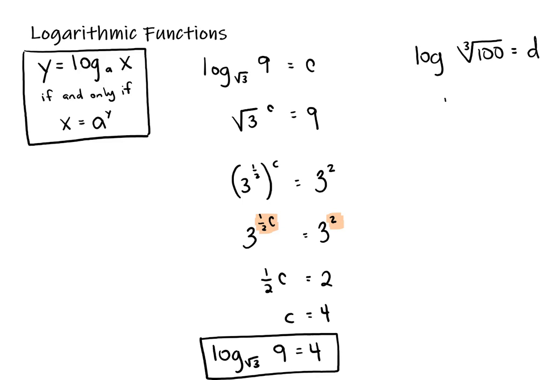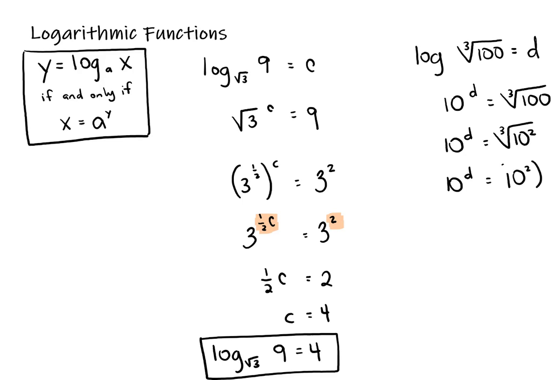So I'm going to write that with a base 10 to the power of d is equal to the cube root of 100. And I want to rewrite that cube root of 100 with a base of 10. So the left side will just be 10 to the power of d, and the right side will be the cube root of 10 squared. And remember that cube roots are basically the power of 1/3.